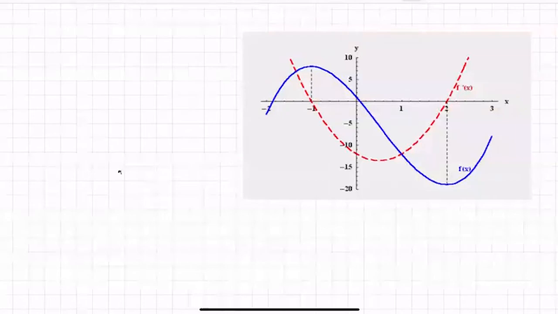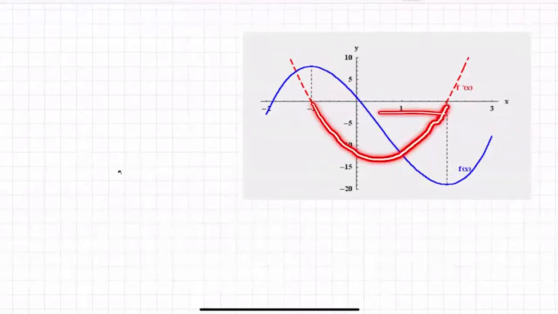Have a look at the blue line here. While this is increasing all the way up to here, can you see that my red line sits above the x-axis? So it has a positive slope. Right here at the max turning point, my slope is 0. Then my original function starts to decrease, which means that the slope line is below 0.